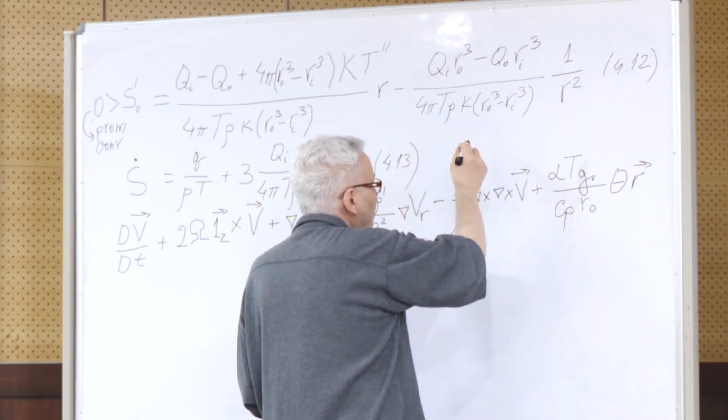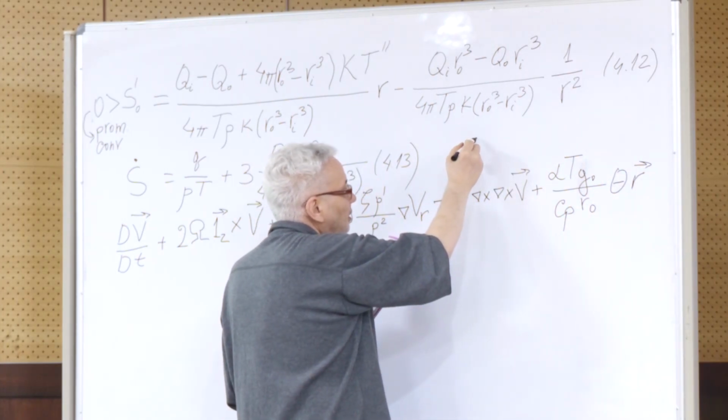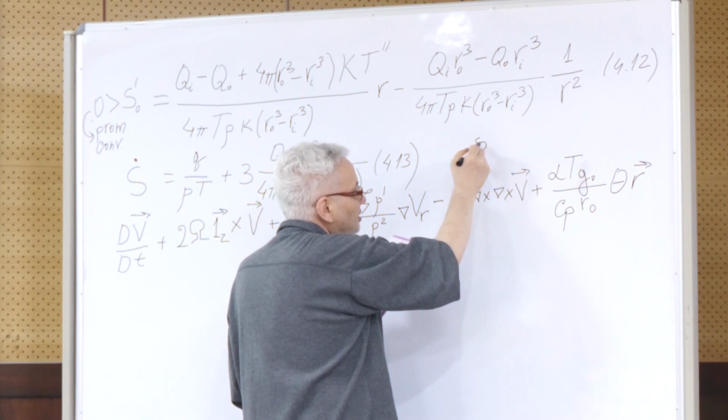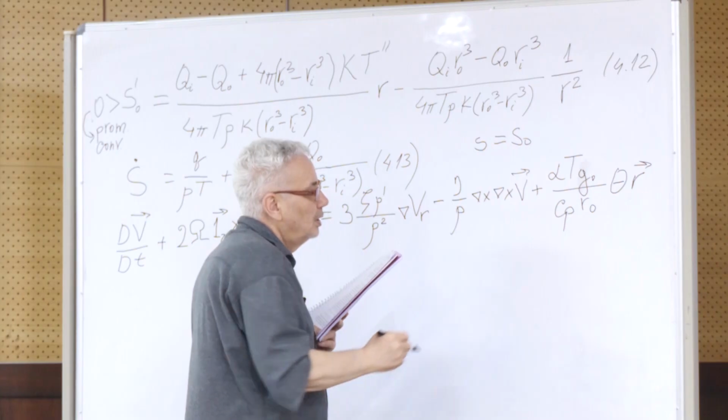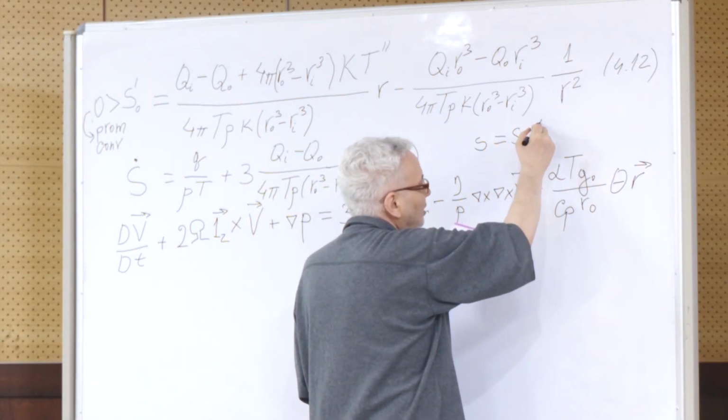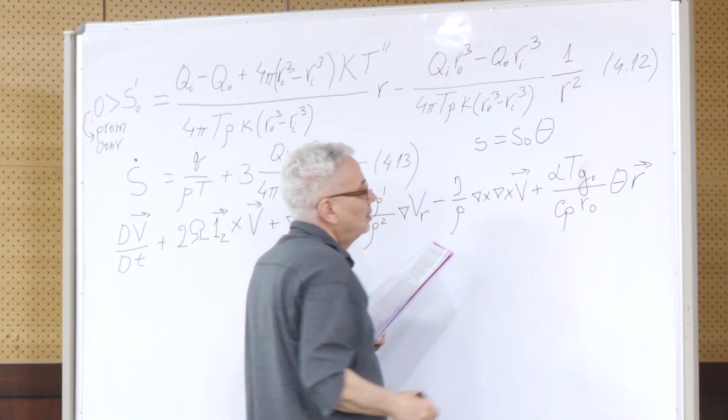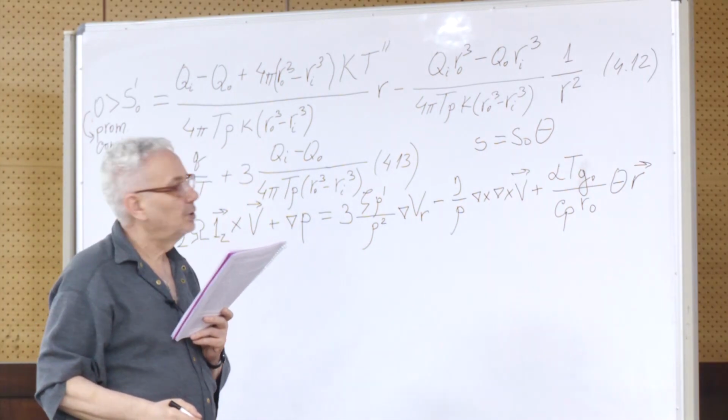Previously, our deviation from the adiabatic state has two components: one S0 and the other component, this theta. So we use this relation.